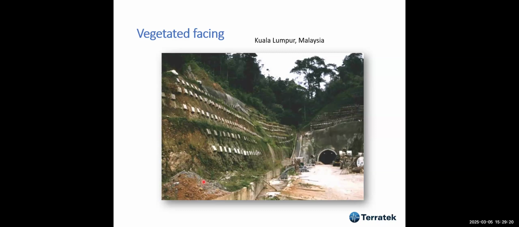It's nearly impossible to do, absolutely impossible to do it vertically. But when you have an inclined slope like that, it's possible to have a much more environmentally friendly solution.